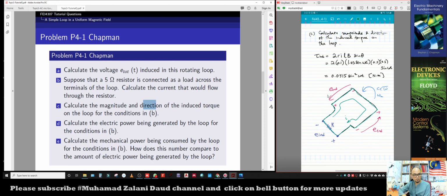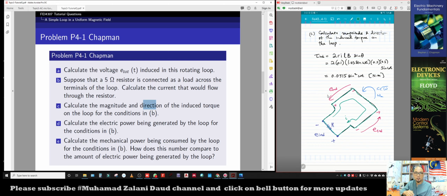Now we want to know the induced torque direction, whether it is clockwise or counterclockwise. We know that initially the wire loop was rotating counterclockwise, which induced voltage.